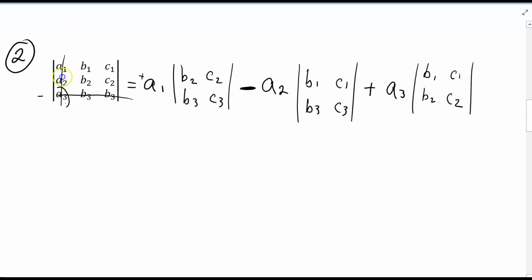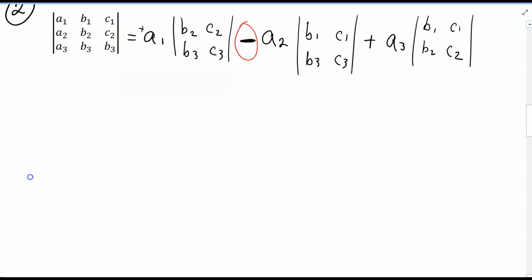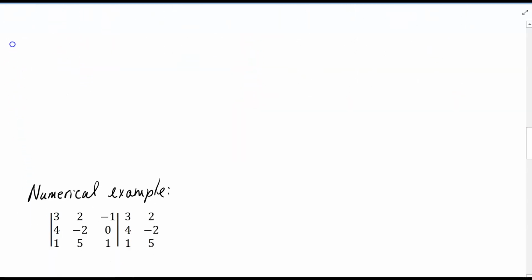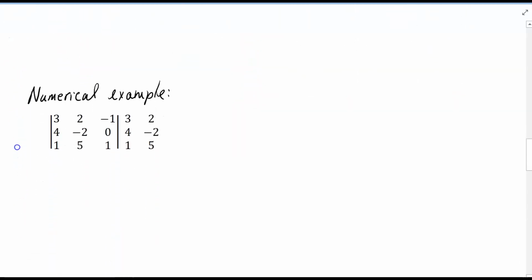Okay, so this is kind of not a bad way either. It doesn't involve copying the first two columns over. There is this key feature that the middle term is the opposite sign, because you're doing a subtraction there. Okay, so let's take a look at this process with our numerical values down here.